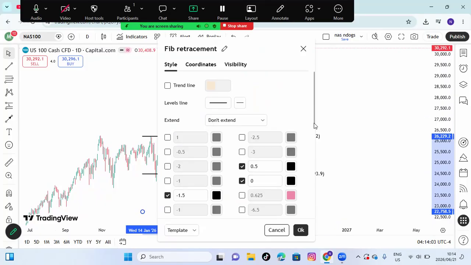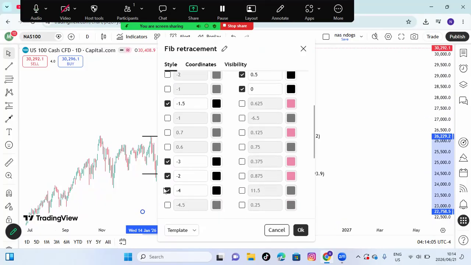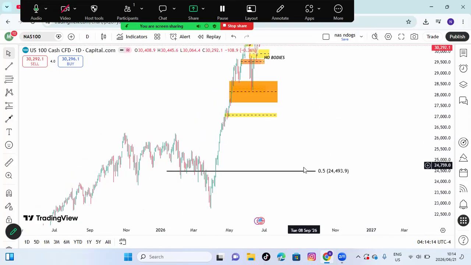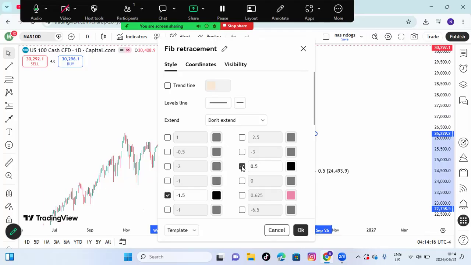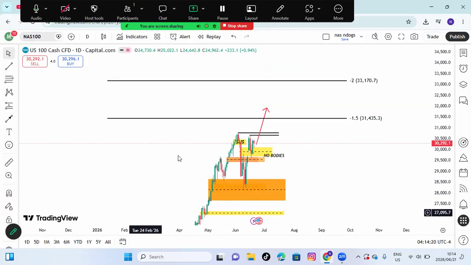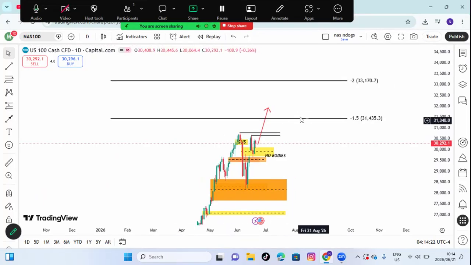So these are the things that you do while you're analyzing, right? Because if you don't know where it's gonna go, where the likely level is, you're gonna make a lot of mistakes, and you don't wanna do that. You wanna make money, right? So that's how we do it. So the next level to anticipate would be that one and that one.